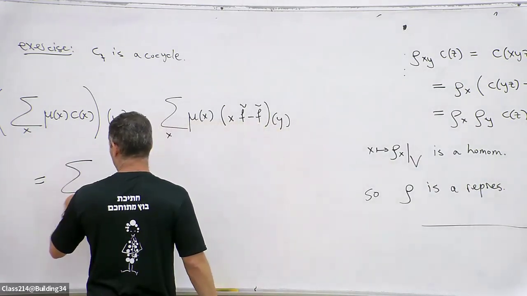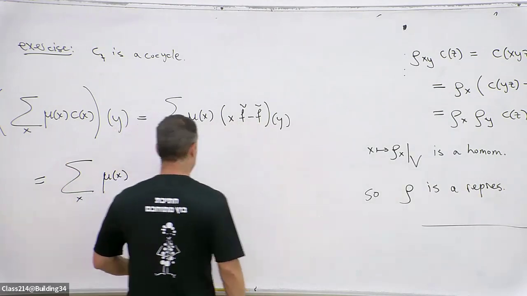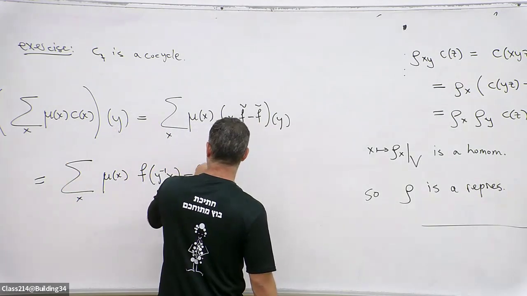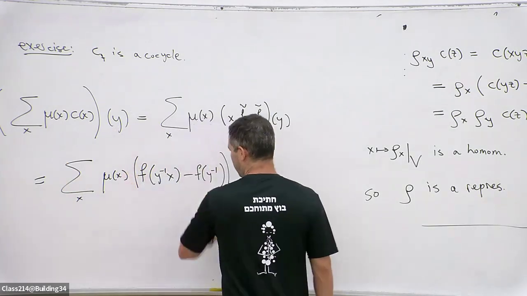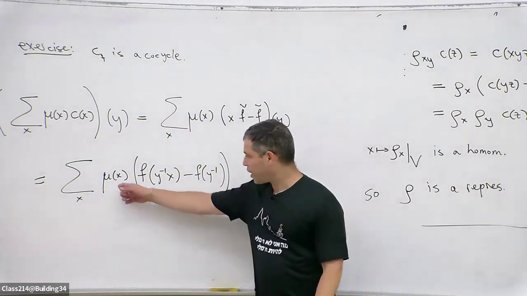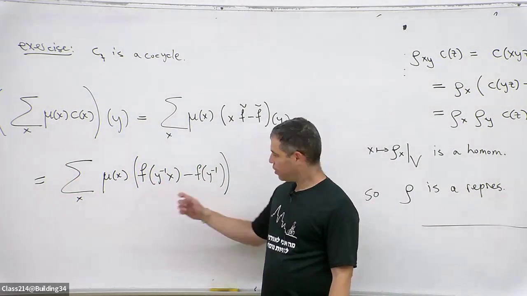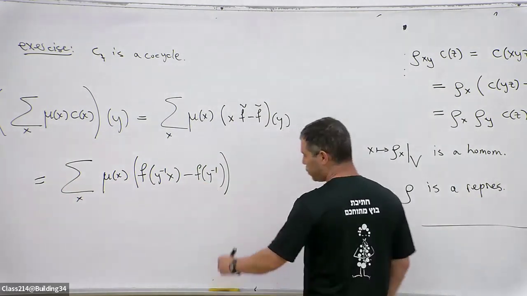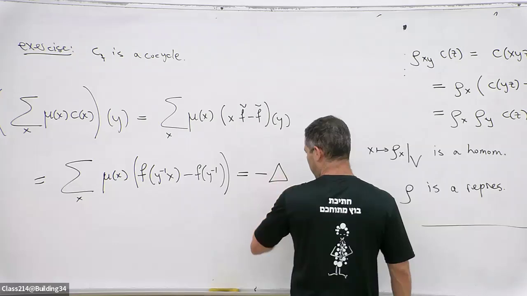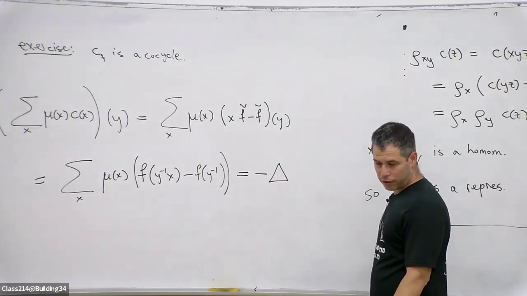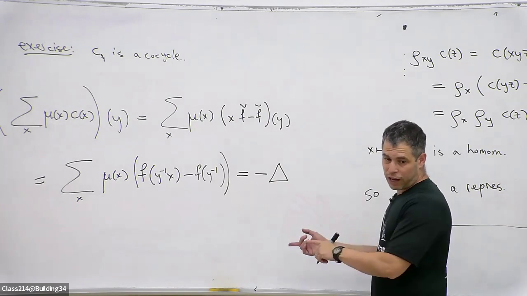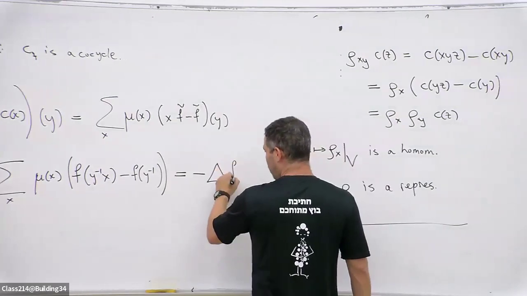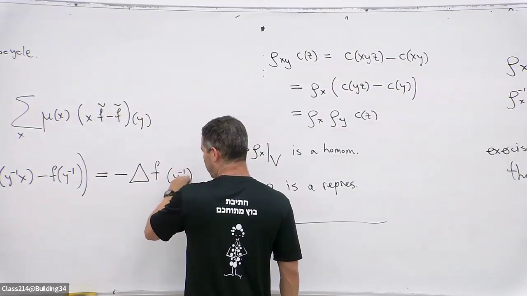So we have the sum over x, mu of x, f at y minus 1 x minus f at y minus 1. I hope you recognize this. What is this? This is the average around y minus 1. And this is the f at y minus 1. So this is just minus the Laplacian with respect to mu, right? The Laplacian is I minus the average. So this is the average minus I. So this is minus the Laplacian of f at the point y minus 1, right?